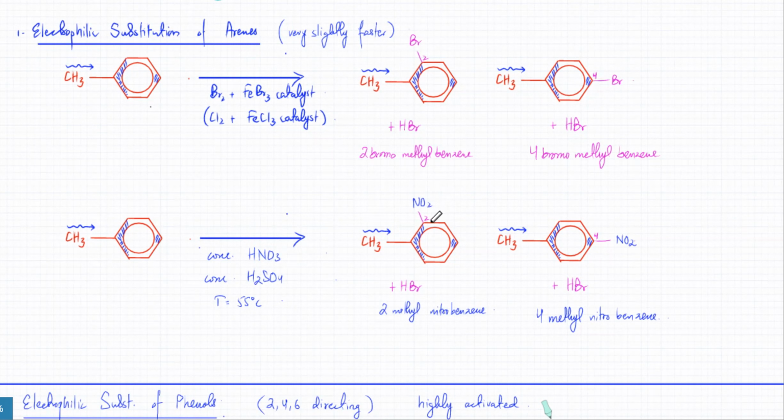The NO2 would either be attached at position 2 or at position 4. It might get attached to position 3 as well, but the chances of that happening are going to be lesser. So there's a lower chance of the electrophile getting attached at position 3, and a higher chance at positions 2 and 4.